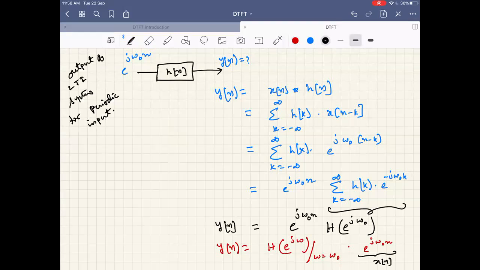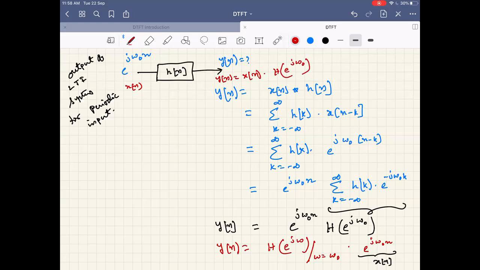So the output is just x of n multiplied by some constant. Whatever I give as input x of n, I get y of n as x of n multiplied by some constant, where this is a complex constant.